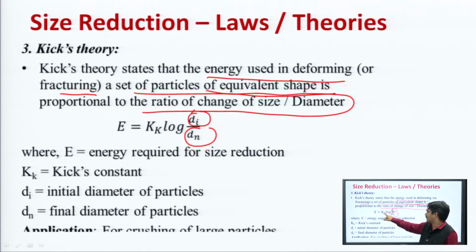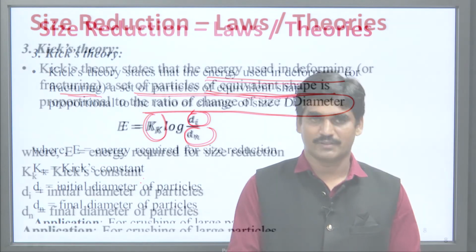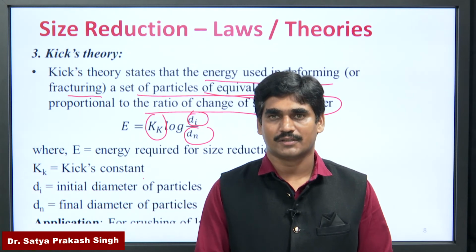So, E is equal to Kk log di by dn, where Kk is Kick's constant, E is the energy required for size reduction, di is the initial diameter of particles, dn is the final diameter of particles. Kick's theory is used for the reduction of large sized particles.